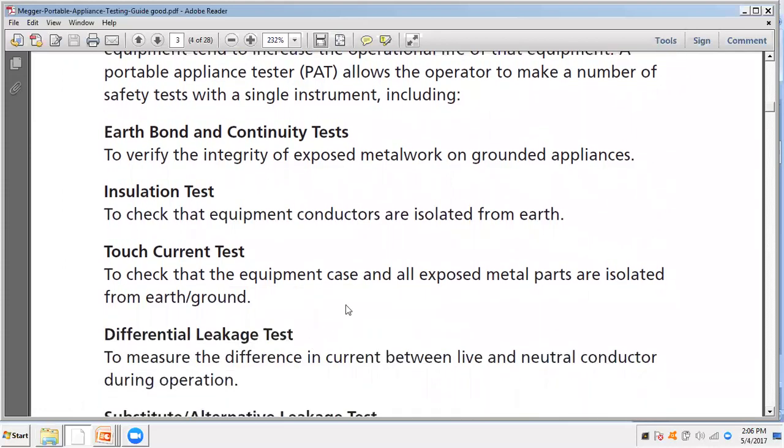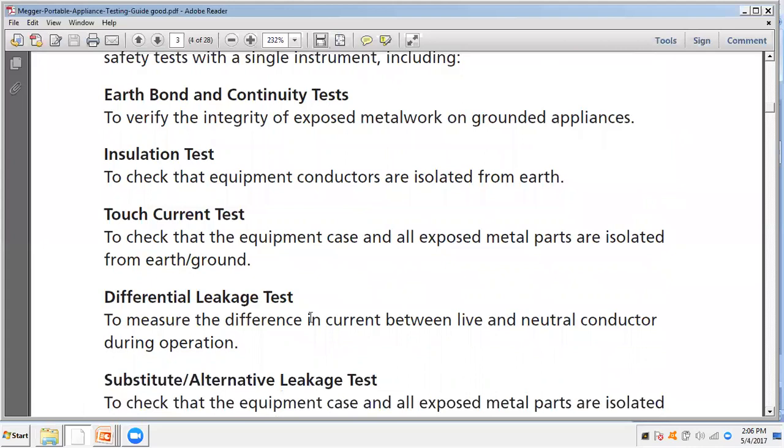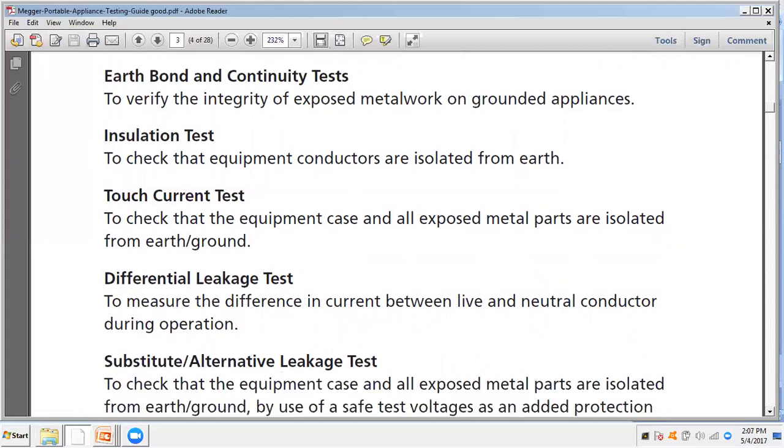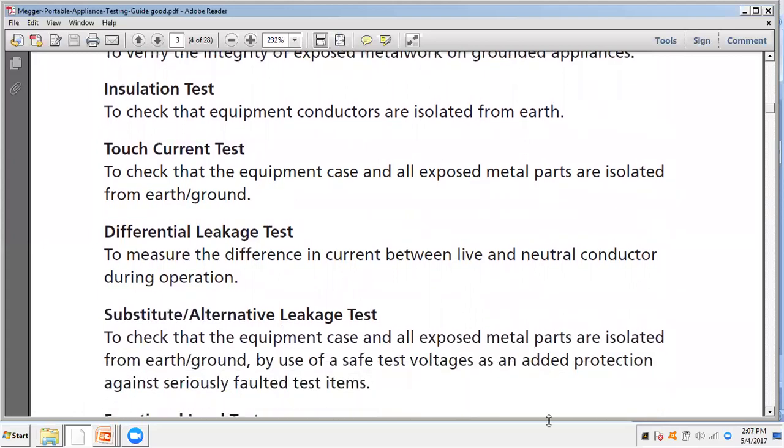It is used to check that the equipment case and all exposed metal parts are isolated from earth or ground. Differential leakage test, to measure the difference in current between live and neutral conductors during operation. Substitute or alternative leakage test. It is used to check that the equipment case and all exposed metal parts are isolated from earth or ground by the use of a safe test voltage as an added protection against seriously faulted test items.